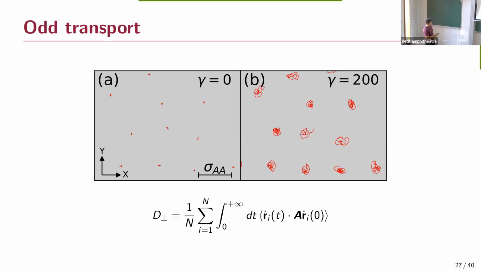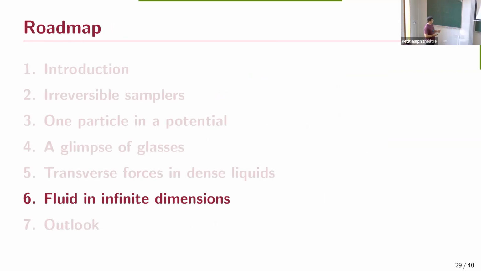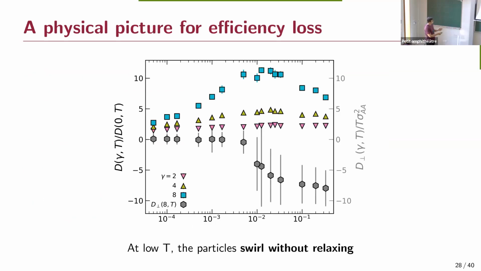Now, if I measure this quantity, what I get is that the odd diffusivity is 0 at very high temperature, which is reasonable because the thermal fluctuations are sort of washing out everything. And as the temperature is decreased, the odd diffusion goes to a constant. So what is the picture that this is actually suggesting is that the particles are swirling inside the cage formed by their local neighbor, and they don't relax.